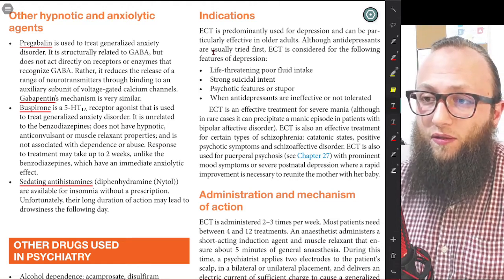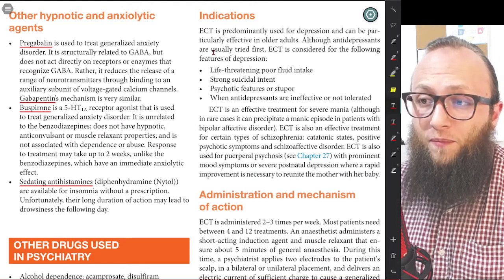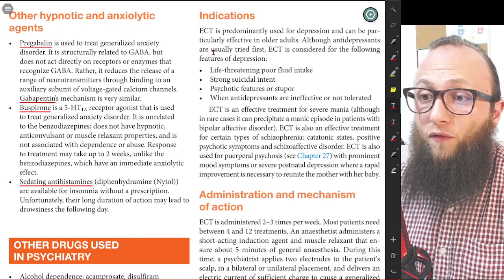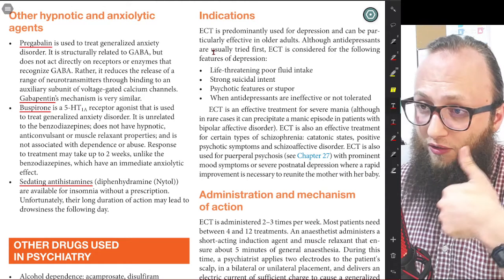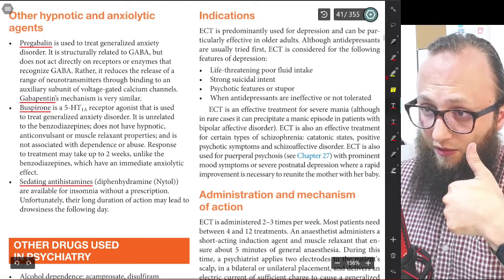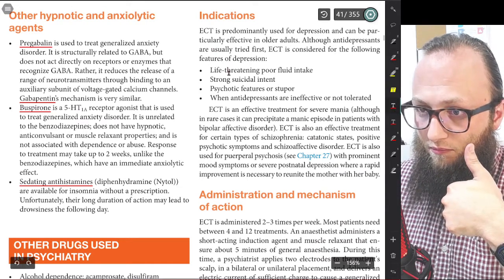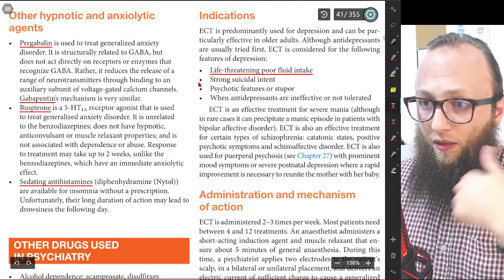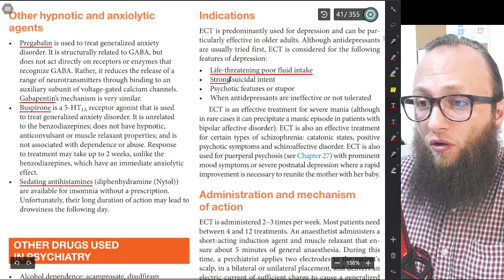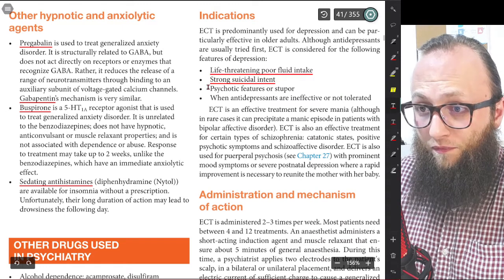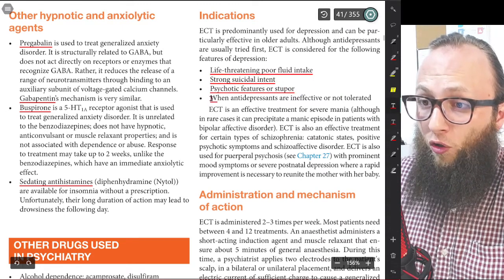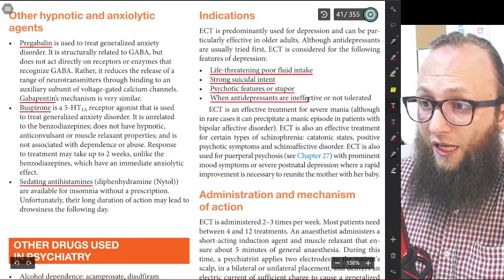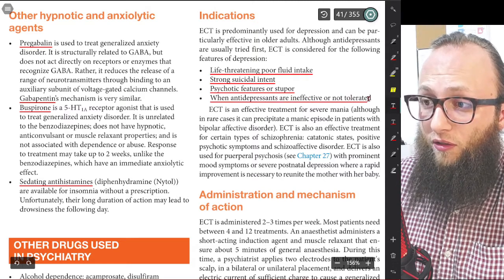Although antidepressants are usually tried first, ECT is considered for the following features of depression. One, life-threatening poor fluid intake. Second, strong suicidal intent, or psychotic features or stupor, or when antidepressants are ineffective or not tolerated.